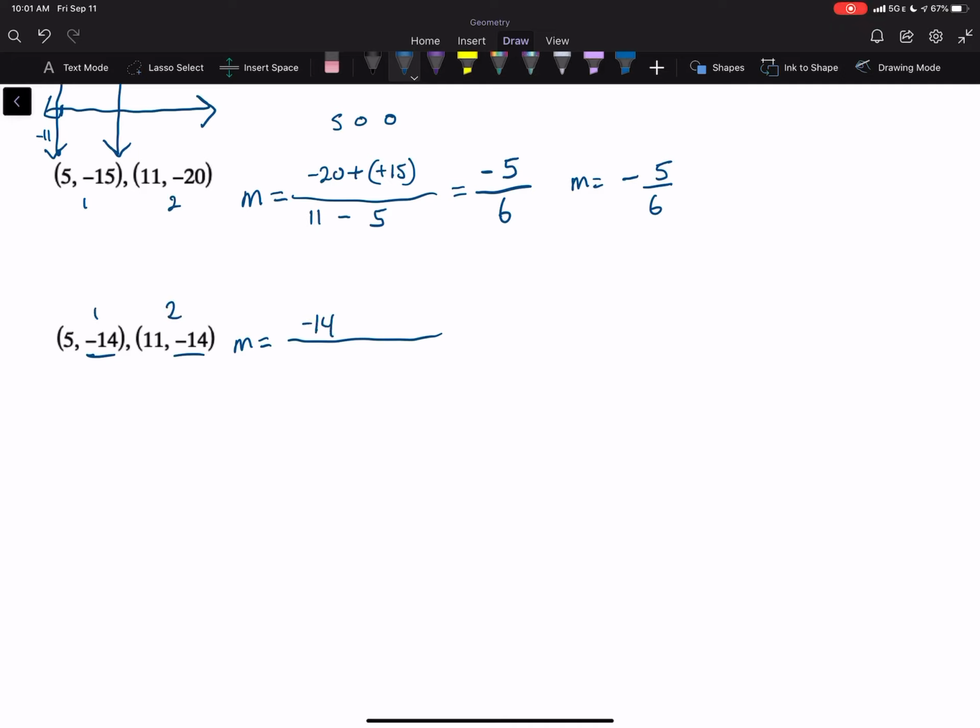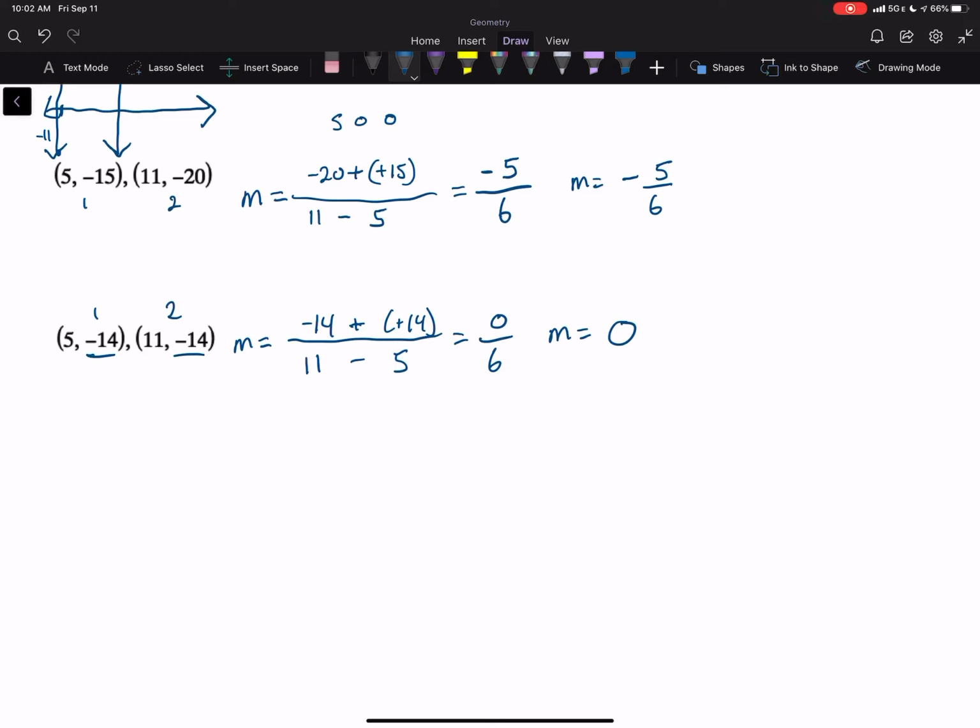So negative 14 goes with 11 minus, and then it's also going to be negative 14 minus 5. So same, opposite, opposite here. Negative 14 plus positive 14 is 0, and then this is 6. And so m equals 0. The slope is 0 in this case.